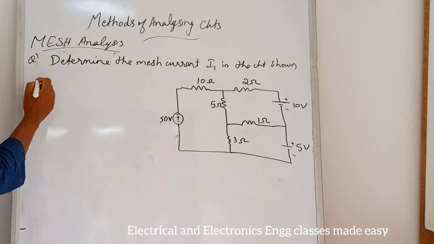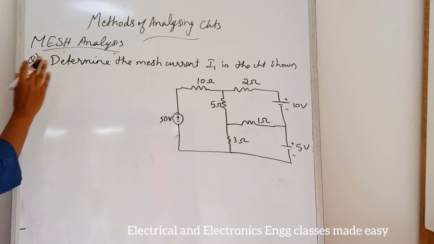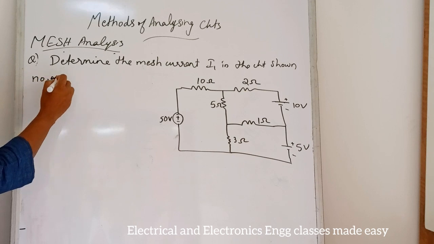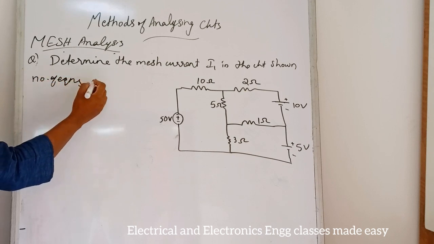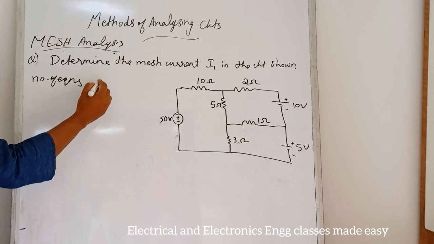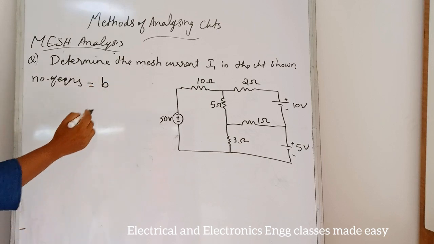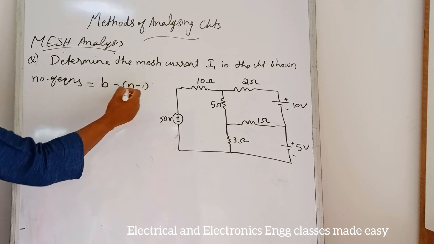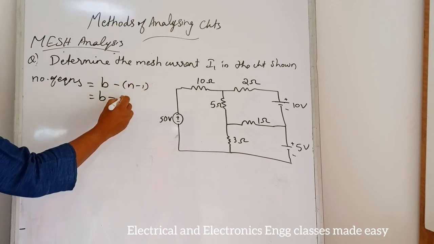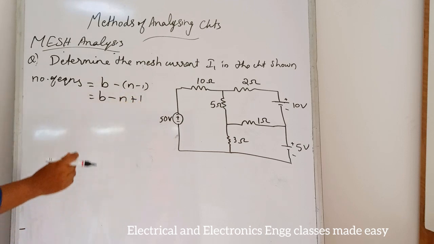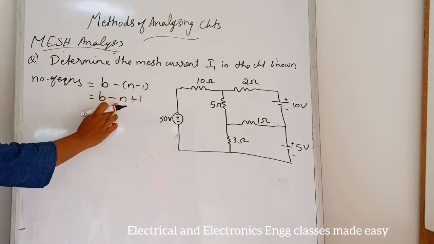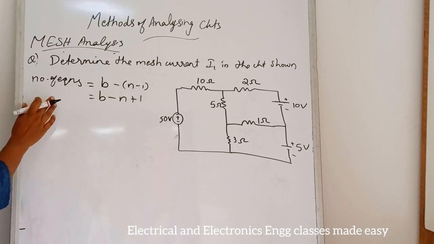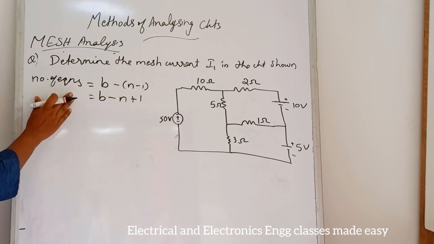Another way to find the number of equations in mesh analysis is that the number of mesh equations equals the number of branches minus the number of nodes plus 1, that is b minus n plus 1.